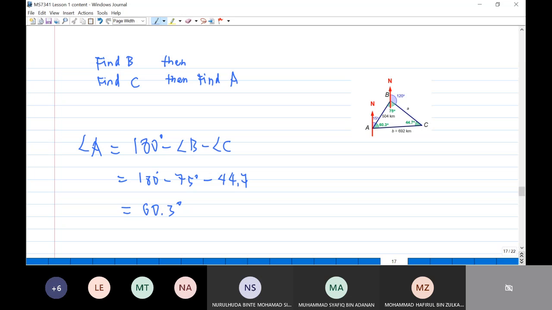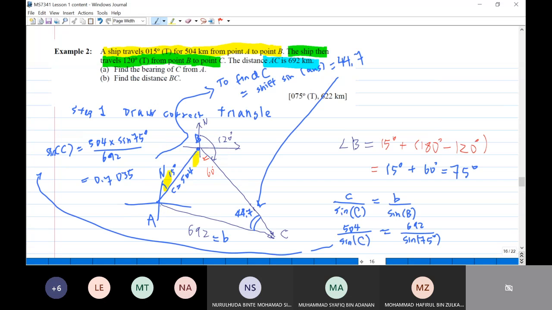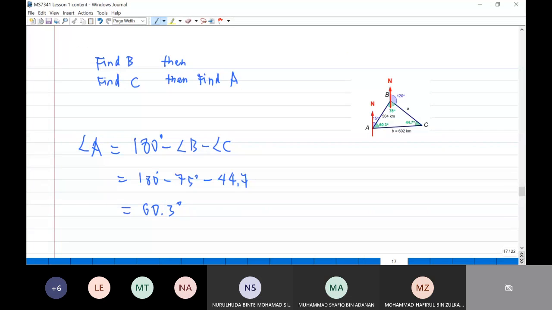So how does it answer that question? If you go back, the question is to find the bearing of C from A. What is the bearing of C from A? So from A you go to C, right? So the bearing from A is measured from the north.